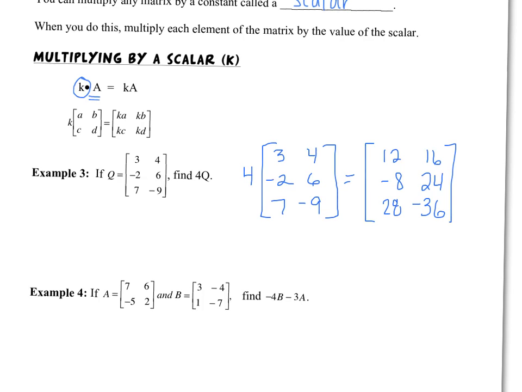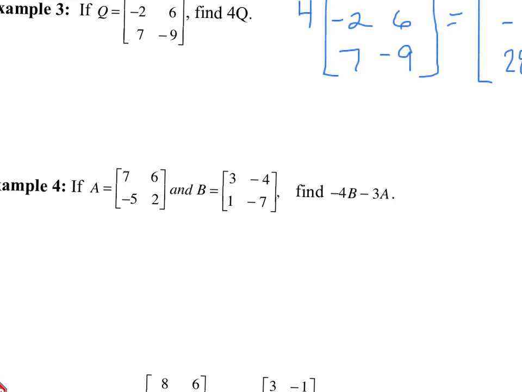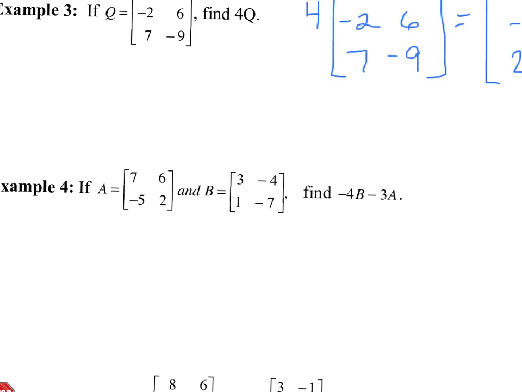Example 4 has us combining both ideas from this section, addition, subtraction, and scalar multiplication. Here we're given matrix A and B, and we want to find negative 4 times matrix B minus 3 times matrix A. I'm going to go ahead and write that down. So my scalar in front of B is going to be negative 4. And I'm going to subtract 3 times matrix A, which is 7, 6, negative 5, and 2.